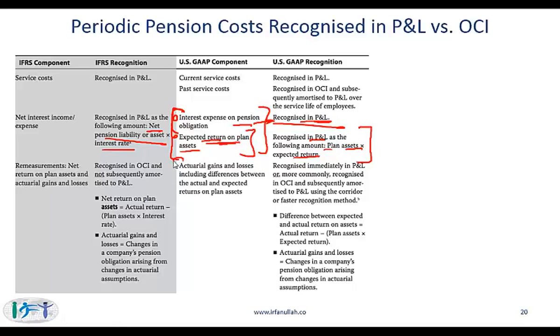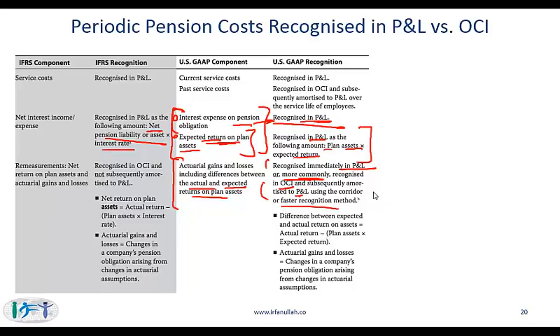What about the third category? Under US GAAP, the third category is actuarial gains and losses, which includes differences between actual and expected return on plan assets. There are two different approaches over here. One is that these gains are recognized immediately in P&L, or the other approach, which is more common for US GAAP companies, is to recognize in OCI and subsequently amortize to the P&L using the corridor or faster recognition method.